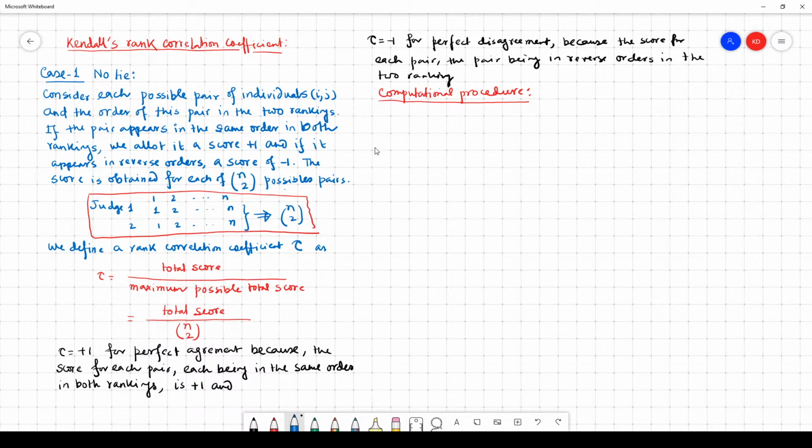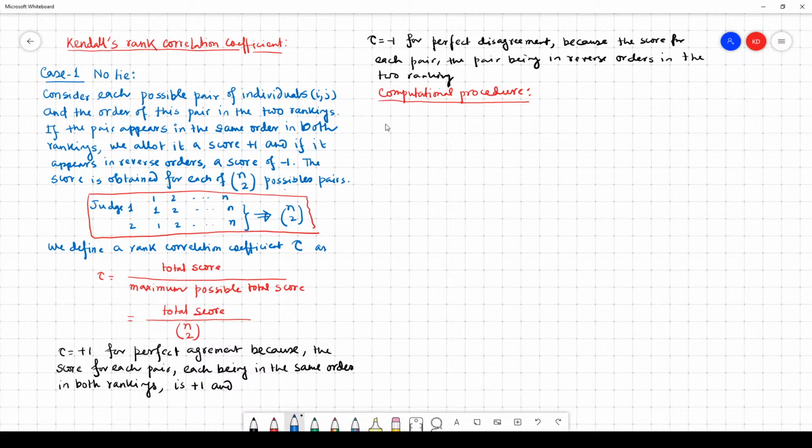Computational procedure first. This is step one. It's better to write step by step.